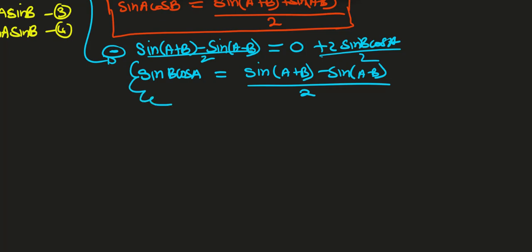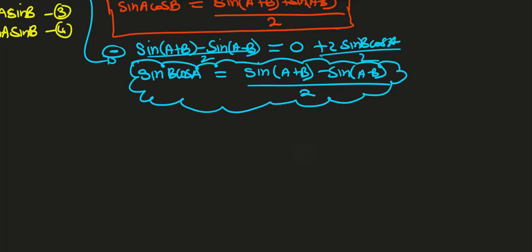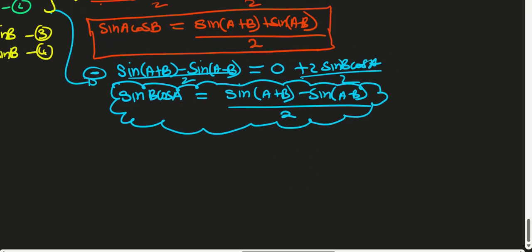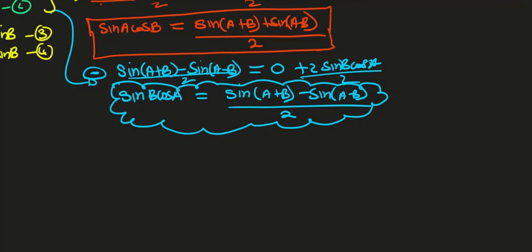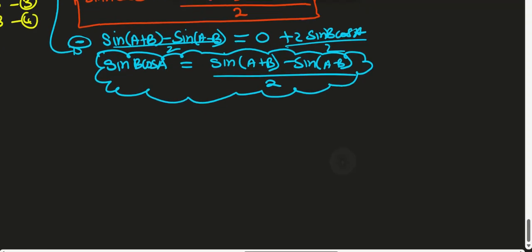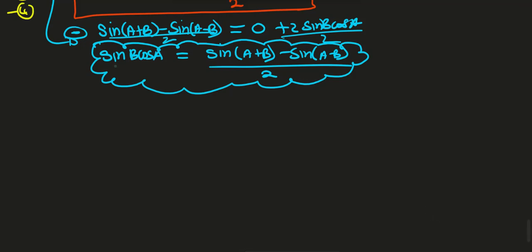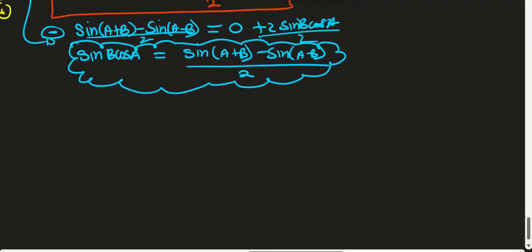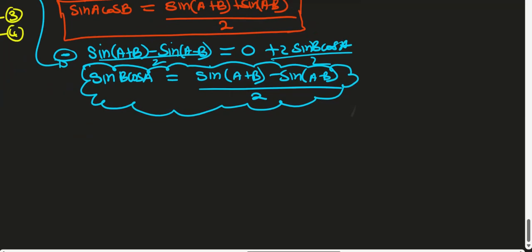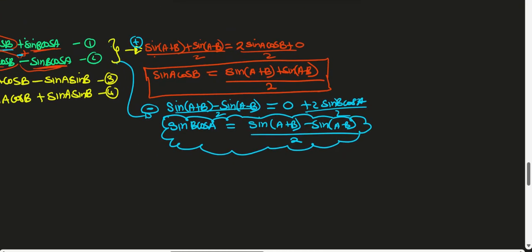And this is another very good identity that can help in simplifying an integral with the product of sine B and cos A. If you're integrating a product, you can always use this to help you.